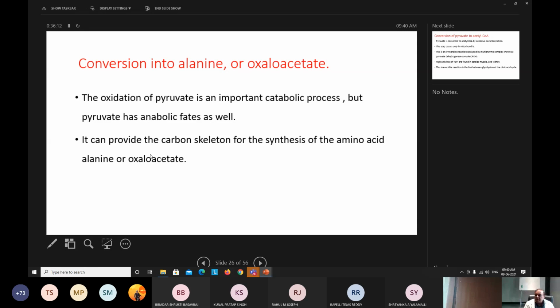These are the two tests we do to inform us about the functioning of the liver, particularly ALT, and AST indicates about the liver and also the heart.